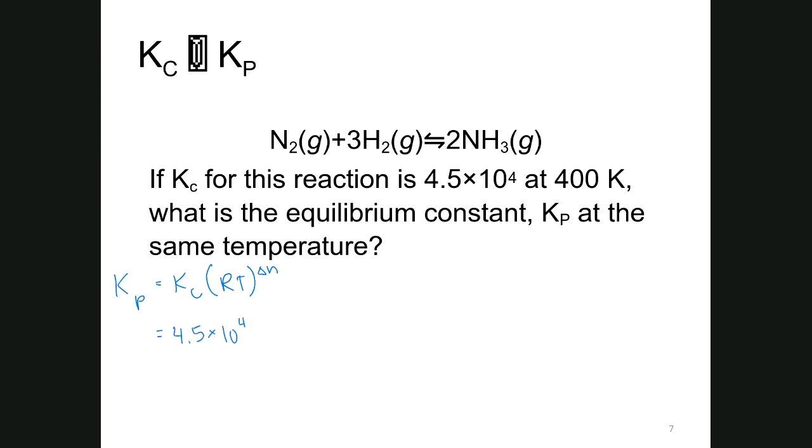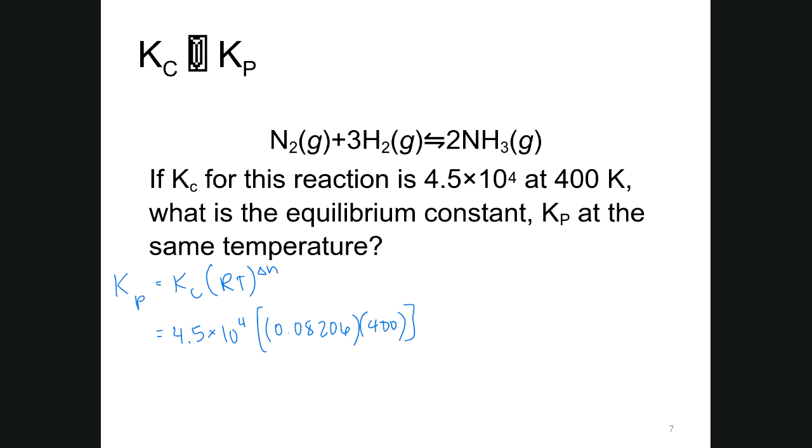That was given to us, times R is a constant, and then times T. T was given to us and it's already in Kelvin, so we're good to go there. And then that gets raised to our delta N.